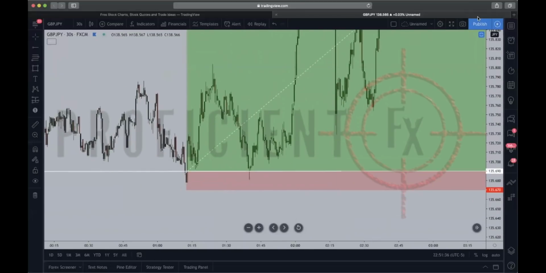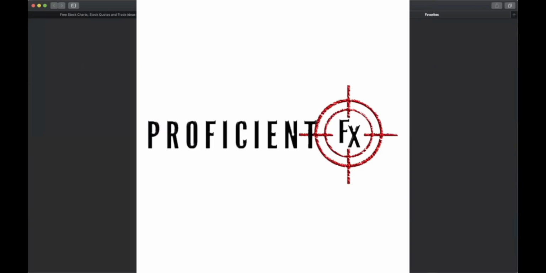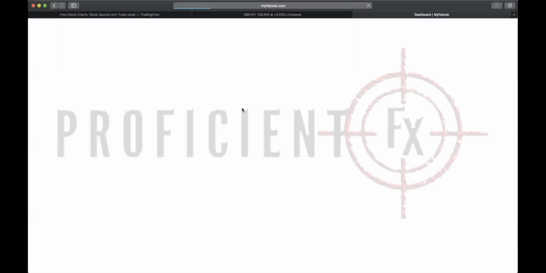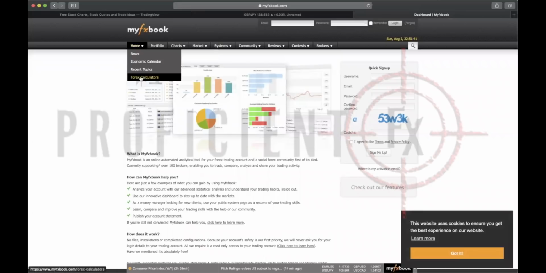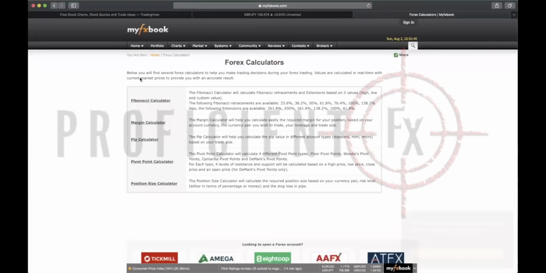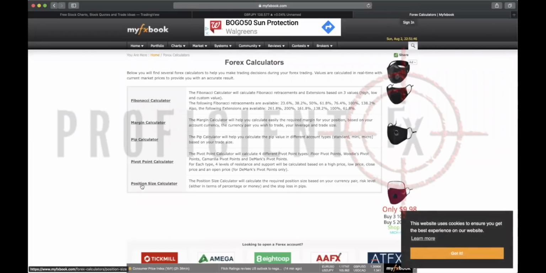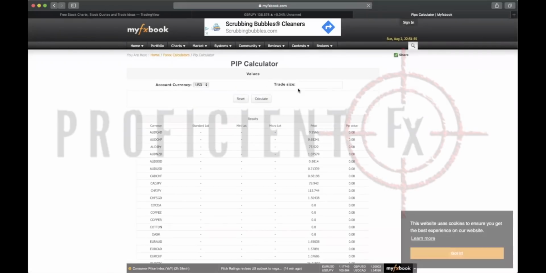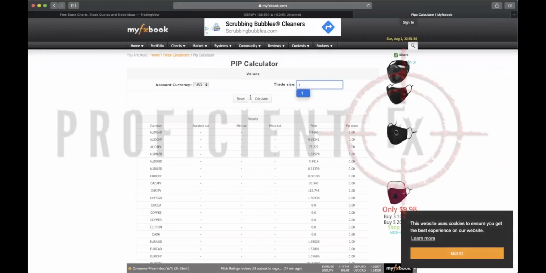And how that's going to play a huge factor is, if we go to Myforexbook, you can go to Forex calculators here. And before we do some math, we're going to see what the current price is. So I'm going to go to pip calculator. I think it's like 9.6 right now.